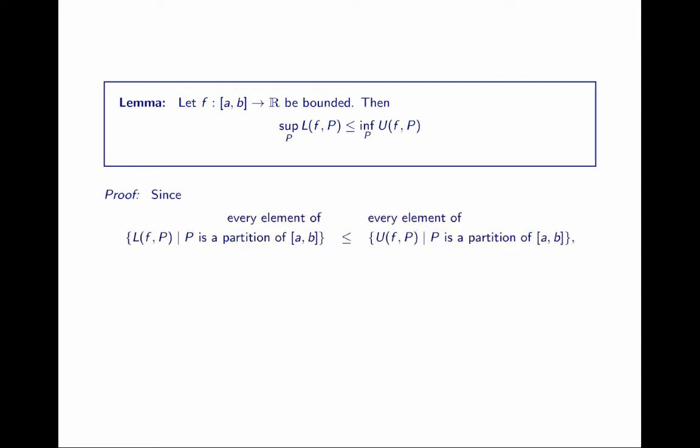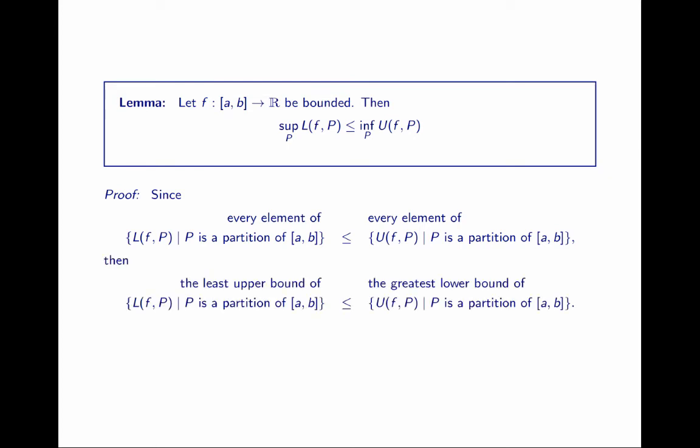And of course, the idea is straightforward. Since every element of the set of all lower sums for all partitions is less than or equal to every element of the set of all upper sums for all possible partitions, the least upper bound of all lower sums is less than or equal to the greatest lower bound of all upper sums, which is exactly what we wanted to prove.